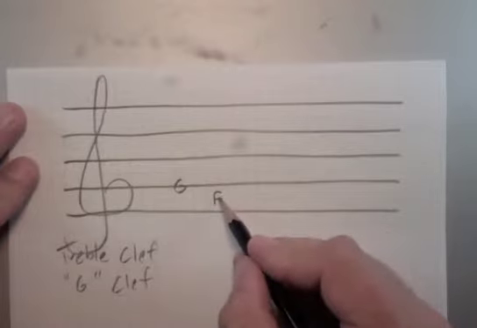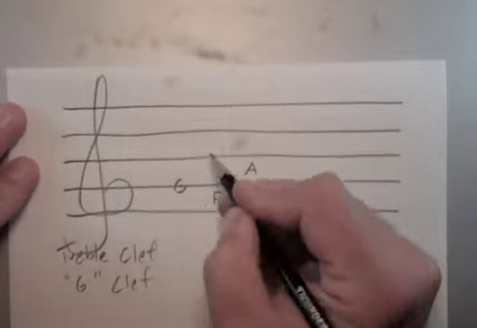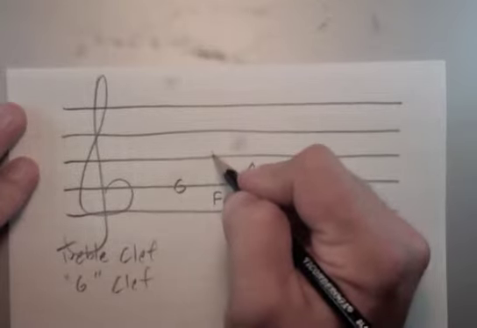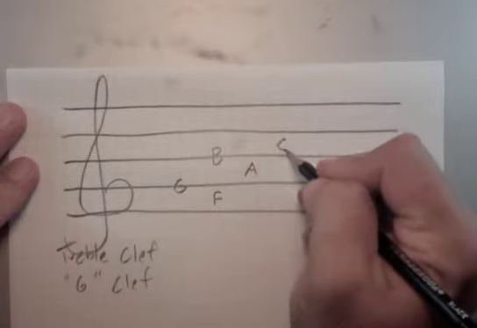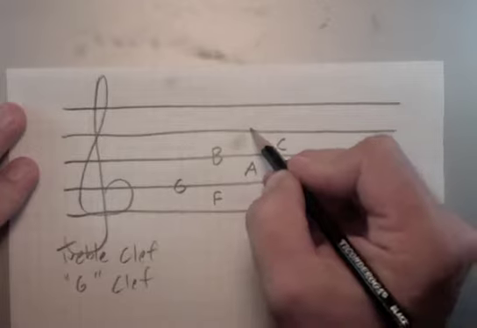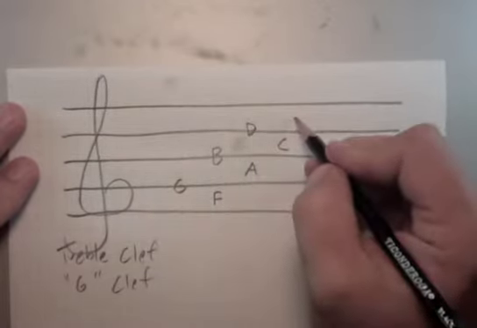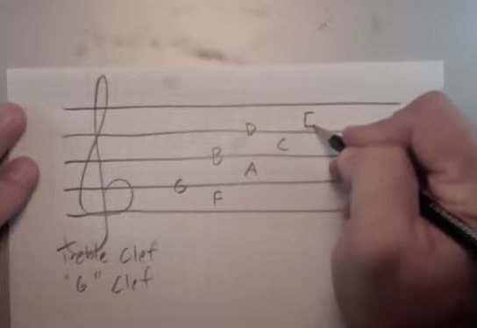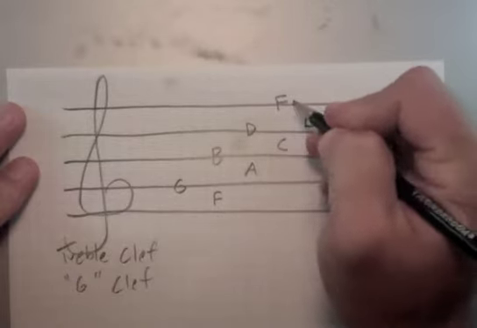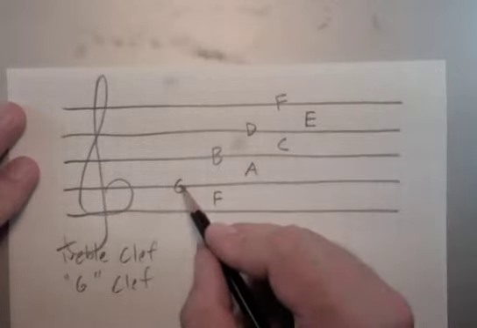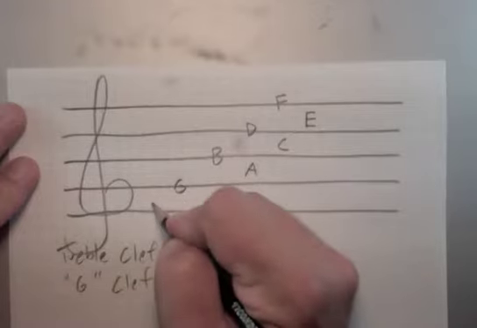If we go up, there's an A. If we go up from the A, on the next line is a B. On the next space is a C. On the next line is a D. On the next space is an E. And on the next line is an F. Now if we go back down, so a G on the line, F on the space, down one more, it's going to be an E.